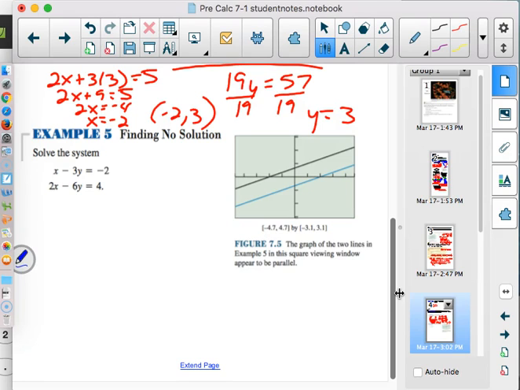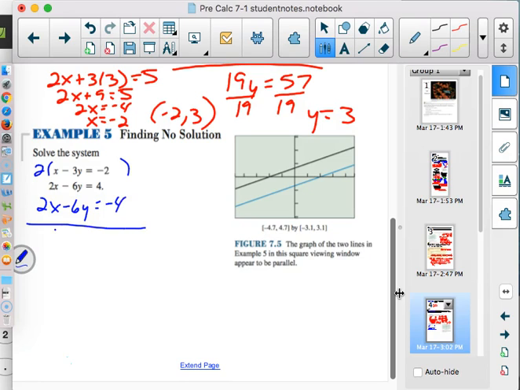What would you do to solve this system? Divide the bottom one by 2. Multiply this one? No. This one. Okay? And so you're going after the x's? Or are you going after the y's? Doesn't make any difference, right? So let's multiply by 2 and get 2x minus 6y equals negative 4.